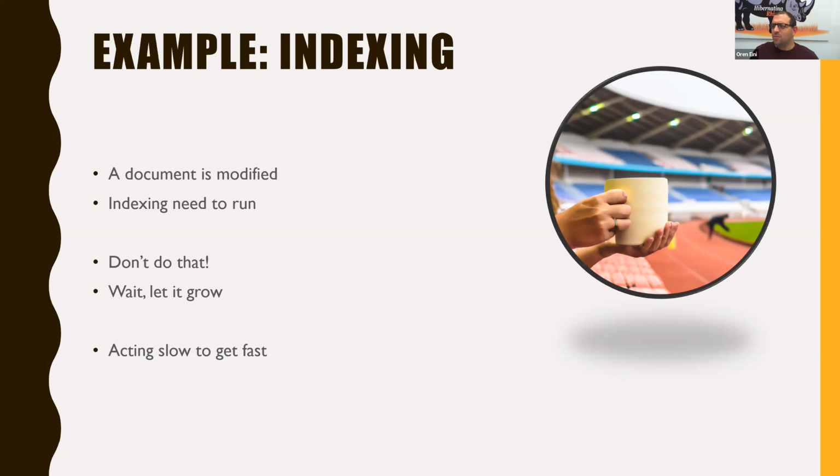That doesn't make sense, right? If you're not doing the indexes, then your query is going to be wrong. So what am I actually going to do? Well, this sounds like a Zen statement. Go slow to go fast. What is it? Well, it turns out that indexing a single element at a time is really expensive.